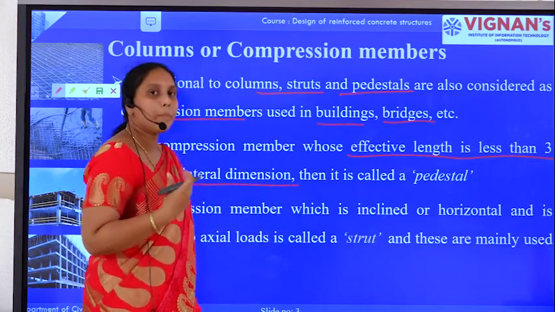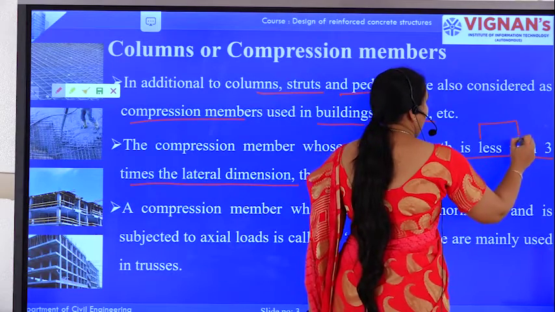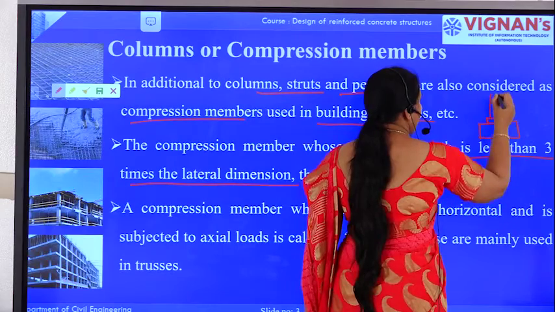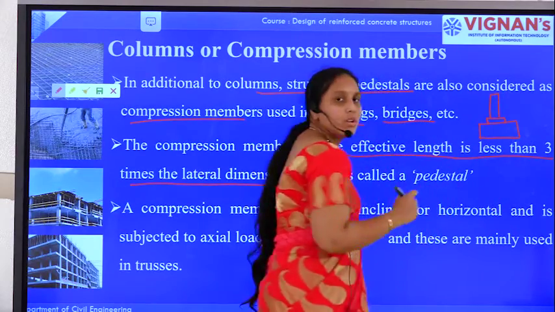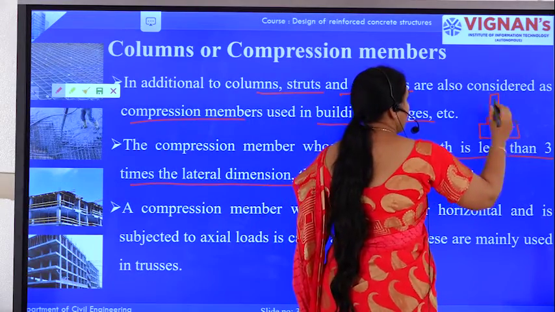If you observe some cases, we will have the foundation like this, then a pedestal, and on top of that we will have a column. So, a pedestal is in between the column and the footing.